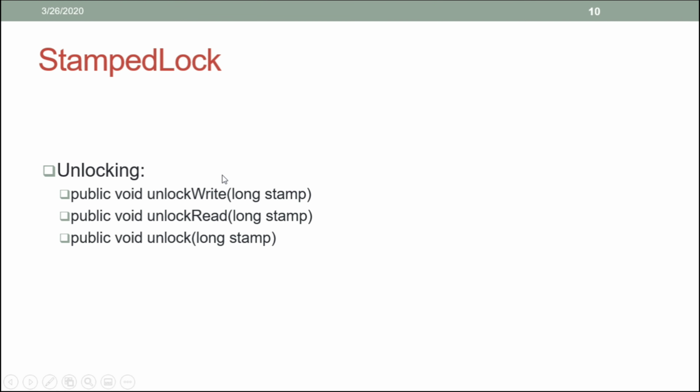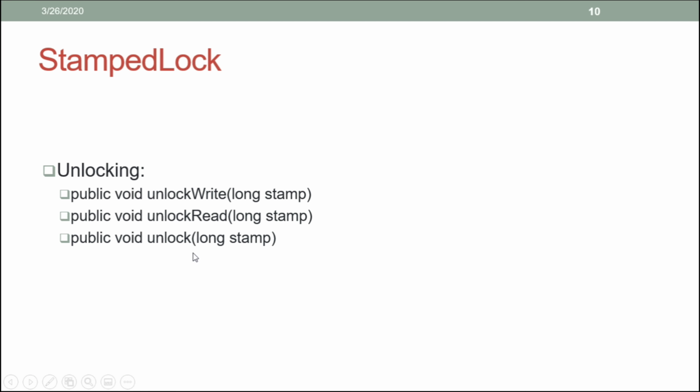There are 3 kinds of unlocking methods present in the StampedLock class: unlockWrite, unlockRead, and unlock. All the methods accept a long argument. The value returned by the lock method should be passed as an argument to the unlock methods. If you know that the lock is acquired by the write lock, then you can call unlockWrite. If you know that a read lock has been acquired by the thread, then you can call the unlockRead method.